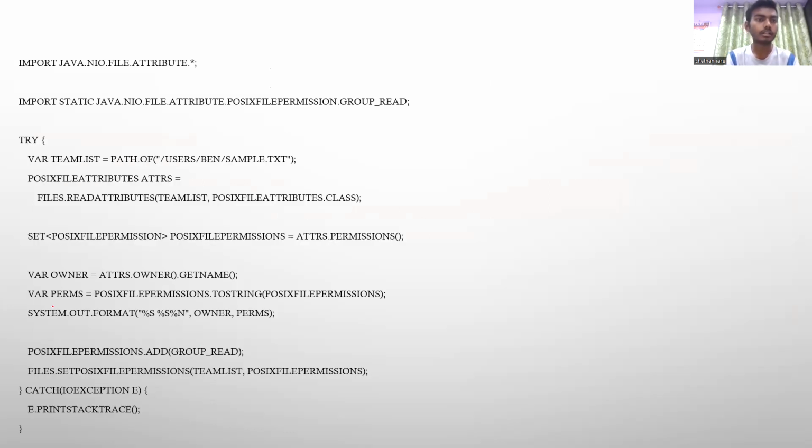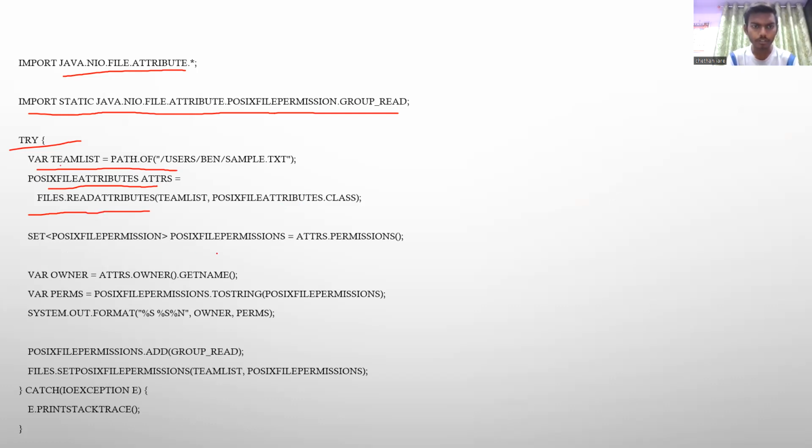And there is a code, we can look at it. The code goes like this. Import java.nio.file.attribute. Import static java.nio.file.attribute.PosixFilePermission.GROUP_READ. Try, where path is the sample path, PosixFileAttributes attrs equals Files.readAttributes of the path and the PosixFileAttributes class. Set of PosixFilePermissions, where owner equals attrs.owner, we can shortly write it as attrs.